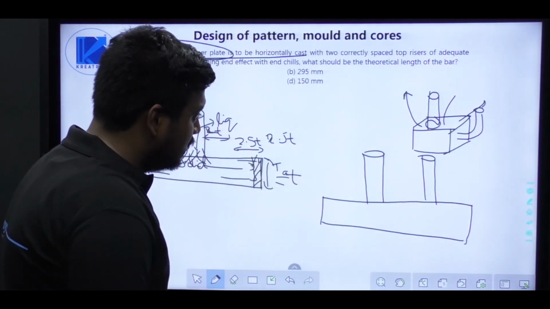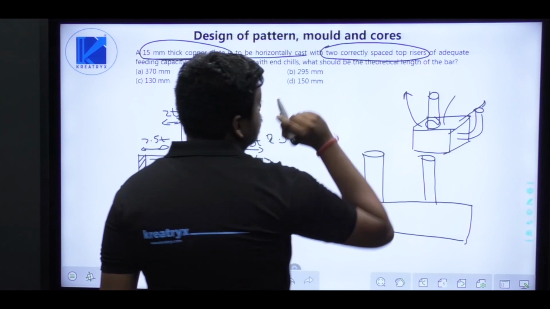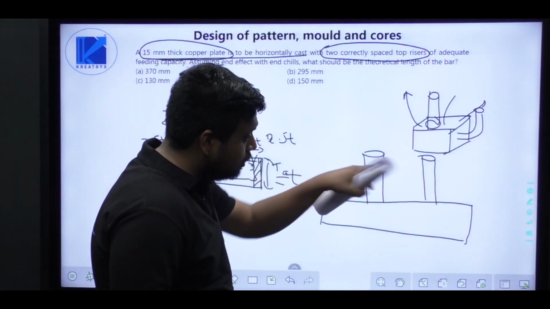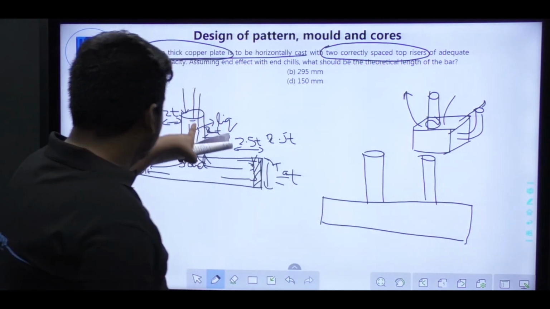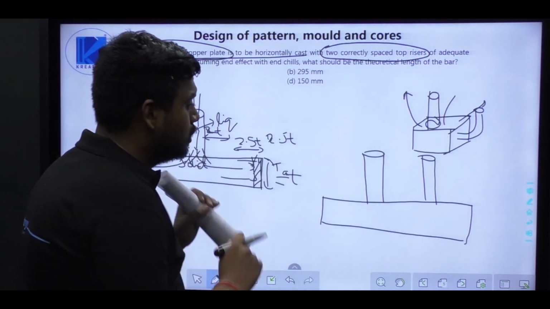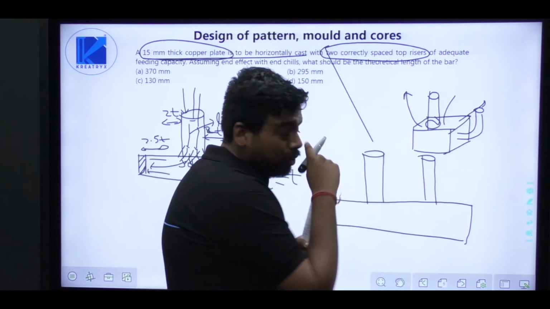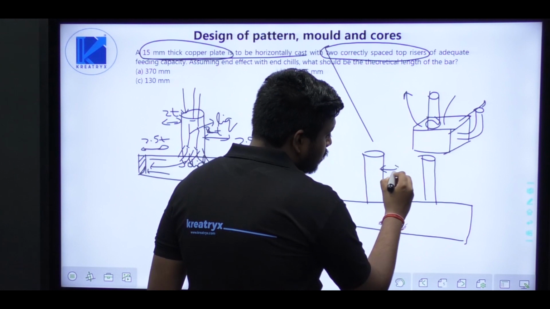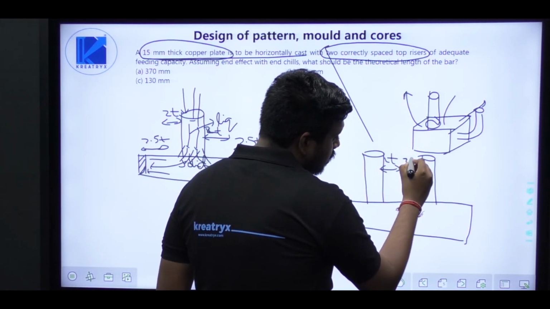By the words two correctly spaced top risers, they are trying to say that the spacing between these two risers is such that the thermal gradients, which are 2.5T and 2T, are properly balanced. How can we do that? In order to be two correctly spaced top risers, this distance must be 2T and this distance also must be 2T.